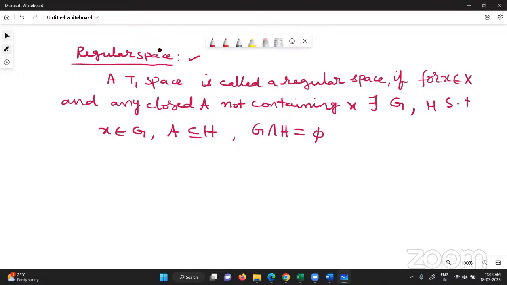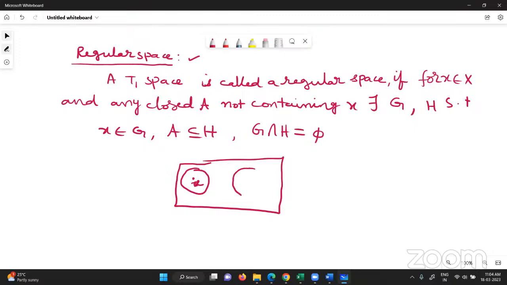So here, see, this is your point x, x belongs to G. And A is a subset of H. This is A, this is H. But H does not contain x.